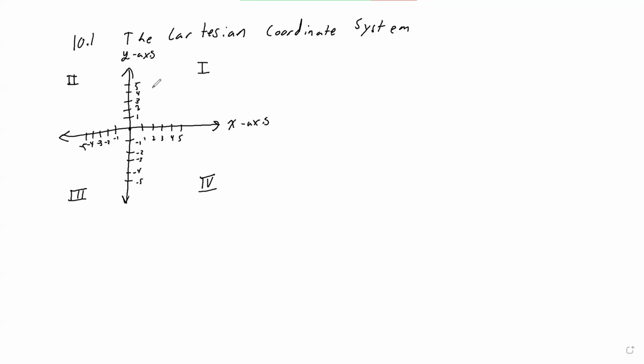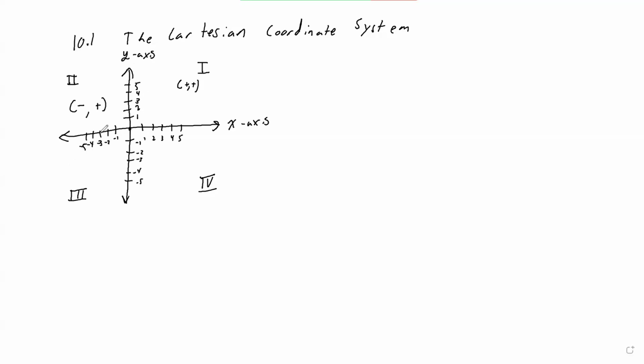What that means is in the first quadrant, your coordinates are all positive. Your x value is positive and your y value is positive, so positive comma positive. In quadrant 2, you can see that your x values are now negative and the y-axis is still positive. So now our coordinates will be a negative number, comma, a positive number.